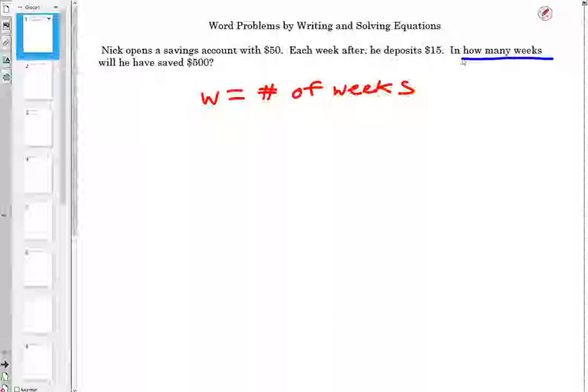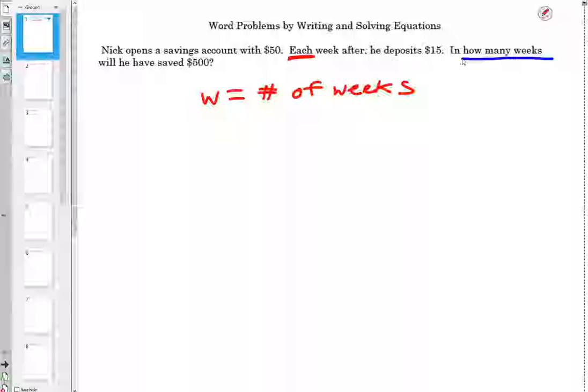Let's look for some keywords. See if we can find any keywords. Each, even though I thought I had it on that word, but each isn't. You could say deposits. Yeah, there's not too many keywords here.